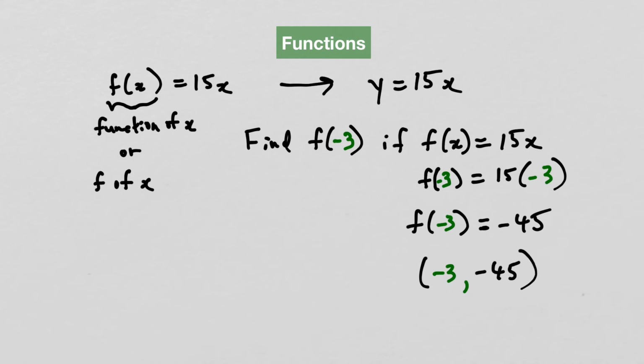Because we've plugged in negative 3 for x, so that goes into the domain right here. We plugged that in and we got the function of negative 3 to be negative 45. So this becomes our range.